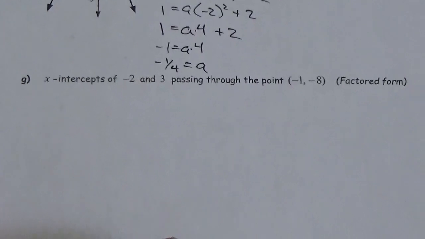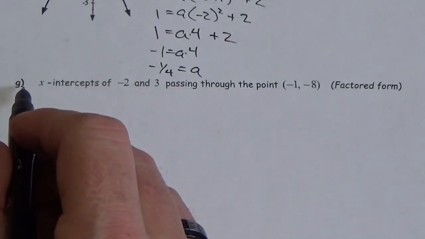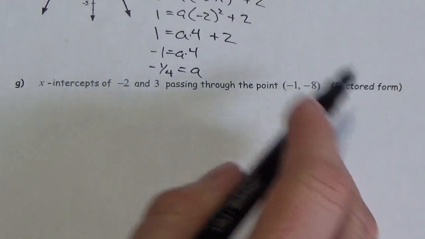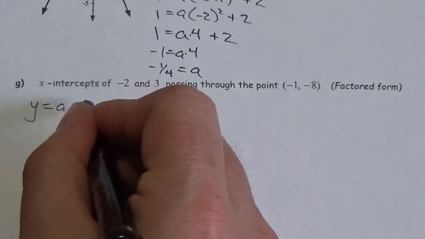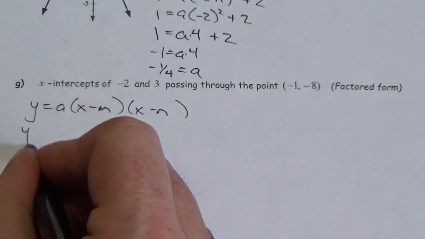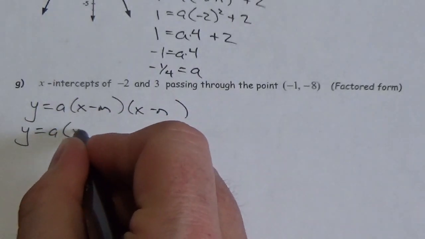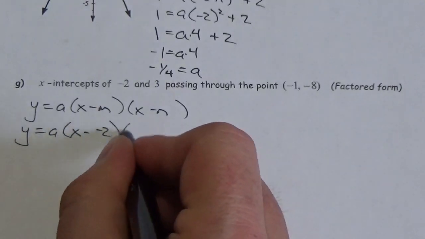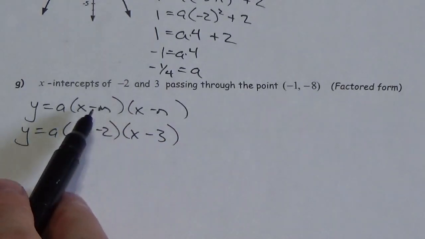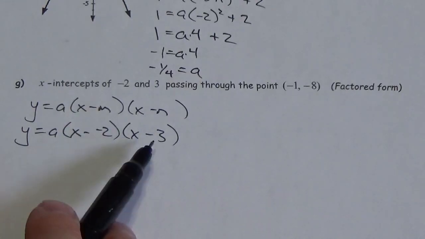And now, finally, I want to find the equation that has x-intercepts negative 2 and 3 that passes through the point negative 1, negative 8 in factored form. So I wanted an x minus m, x minus n. So I will plug those in. x minus negative 2, x minus 3. Notice that there's supposed to be a subtraction in this form.